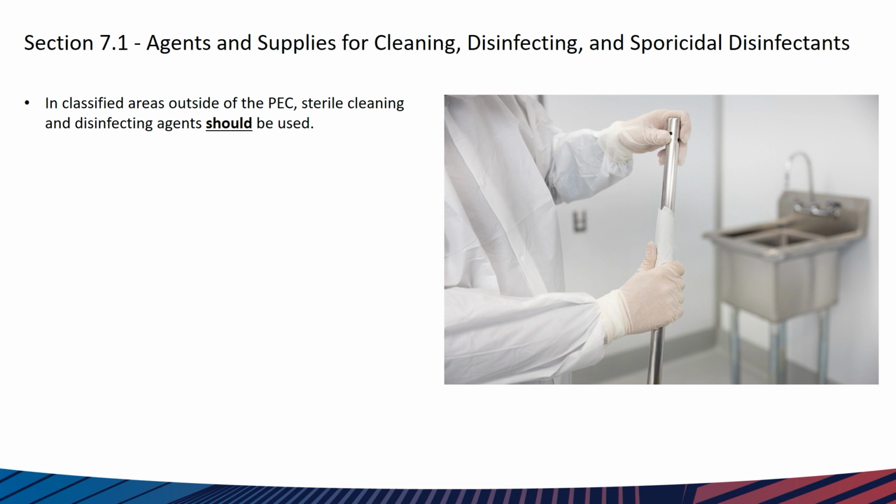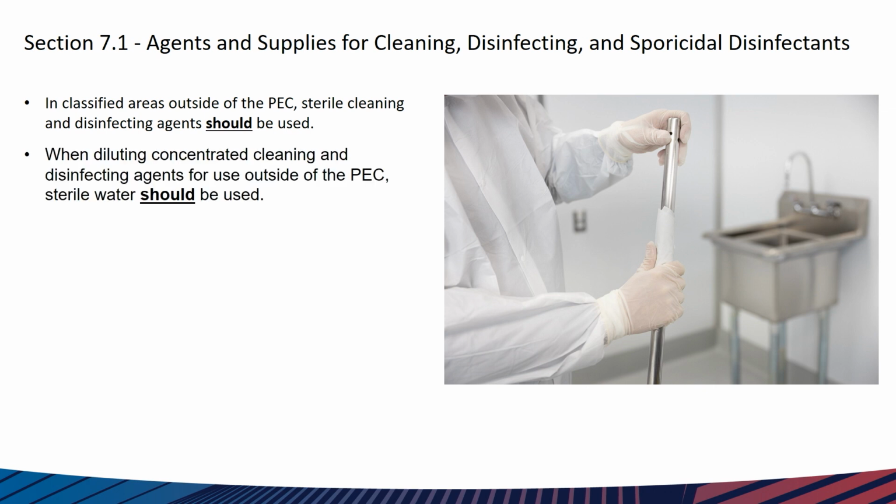That is not a must. That has got to be for you to decide based on your environmental monitoring. And if an inspector were to walk in and say, why are you using a non-sterile disinfectant in your clean room? And you can pull out years worth of environmental monitoring and surface reports that say, we've been maintaining a state of control in this space, that should hopefully be a good enough answer for that inspector.